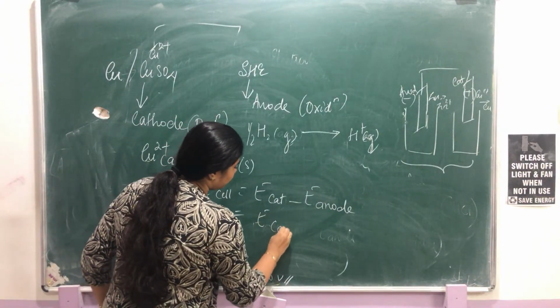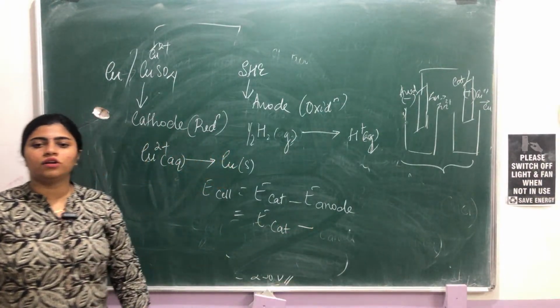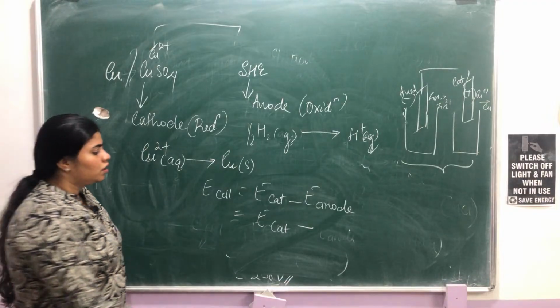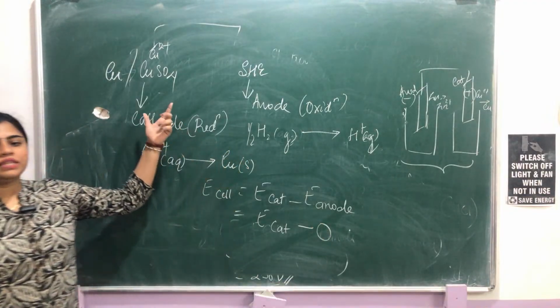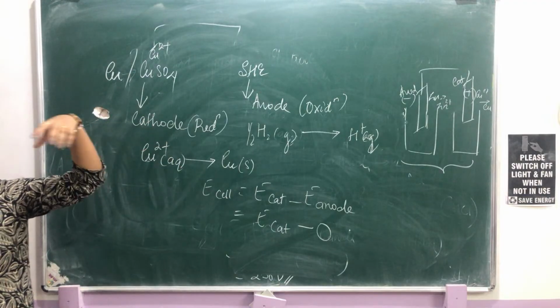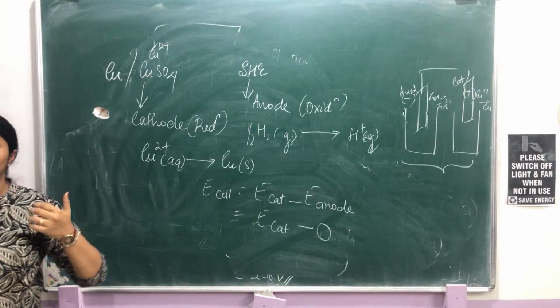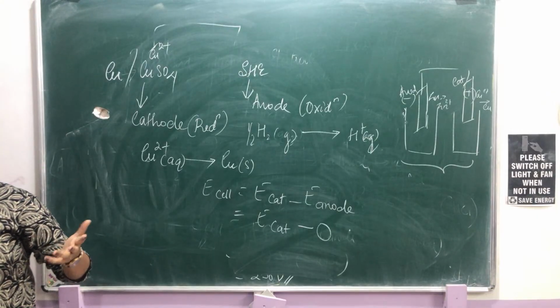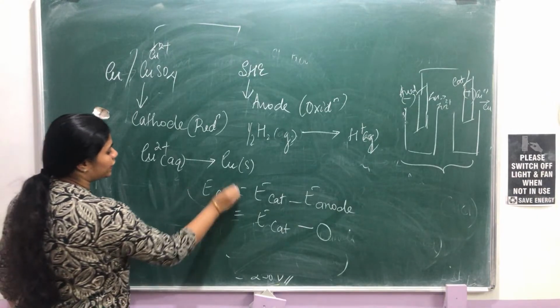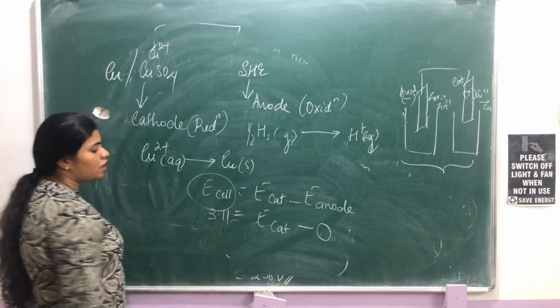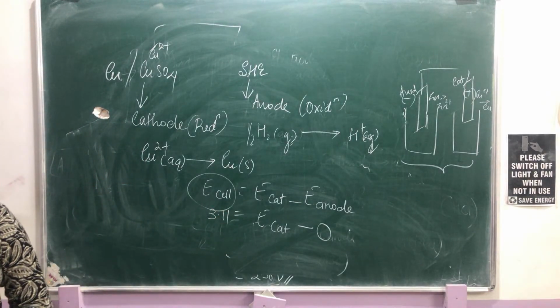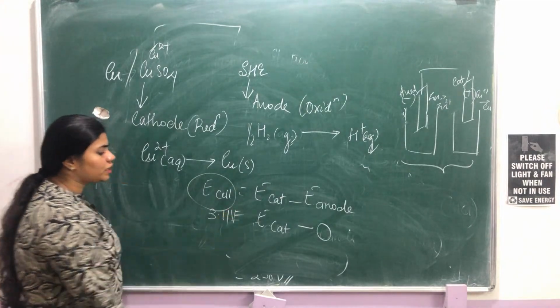So write it as E cathode minus, what is the value of E anode? 0. So when this reaction was taking place, there was a voltmeter. What does a voltmeter do? It checks the voltage. It found that the whole E cell value was somewhere around 3.11 volts. So now tell me what should be the value of E cathode.